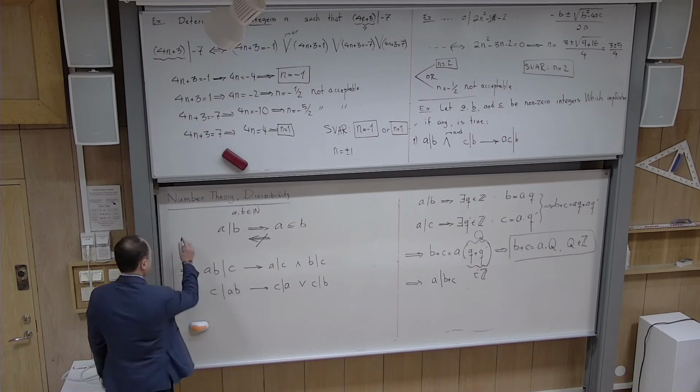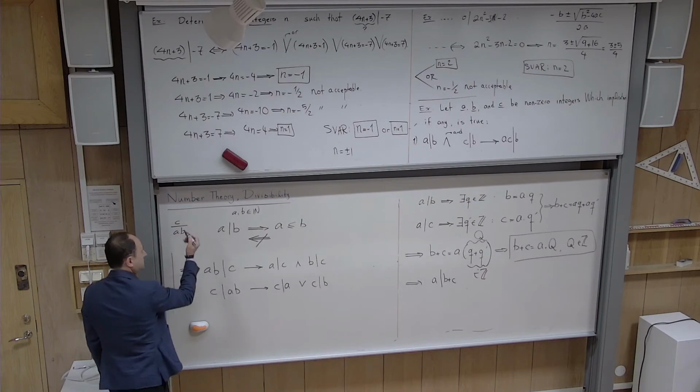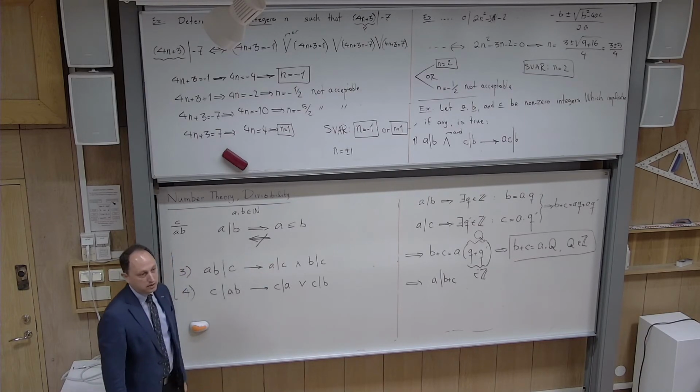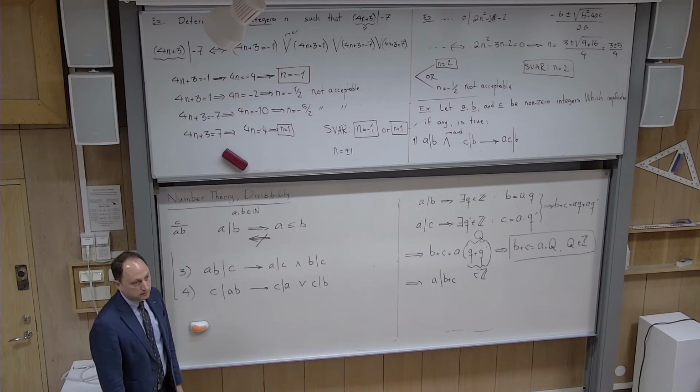As a rule of thumb, it means C over AB is an integer. Yes? Okay, now can you tell me why do you think C over A is an integer? Because it can be multiplied by B so that it's either divisible or equal to C.